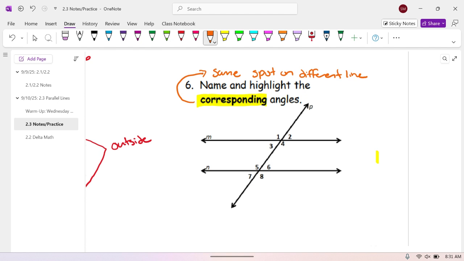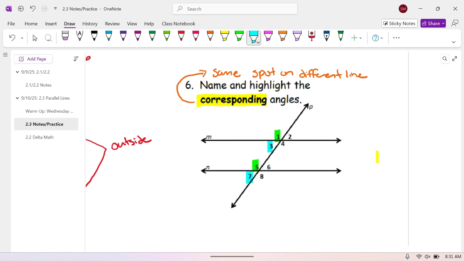So let's say angle 1. What do you think the corresponding angle to angle 1 is? 5. Between M and N, 1 and 5 will be the exact same spot, so those are corresponding. What about angle 3? 7 is its corresponding angle.